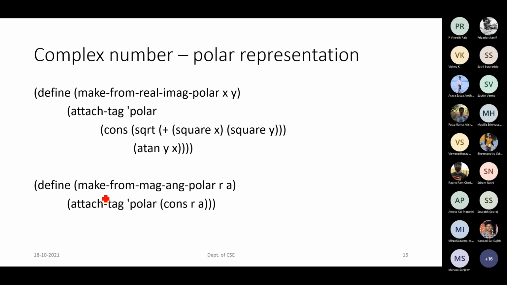Your input is in the polar form, and your output also will be in the polar form. So directly we can say cons of magnitude, which is represented as R, and A. These two values we can pass directly. For these values, we have to attach a tag. By using this attach tag procedure, we are just adding a name to it, polar.